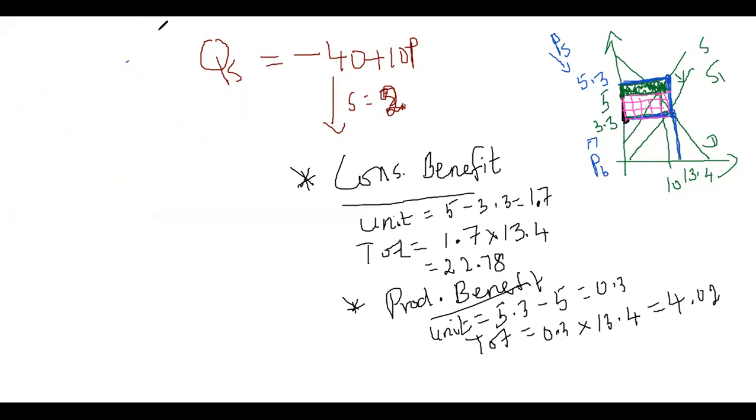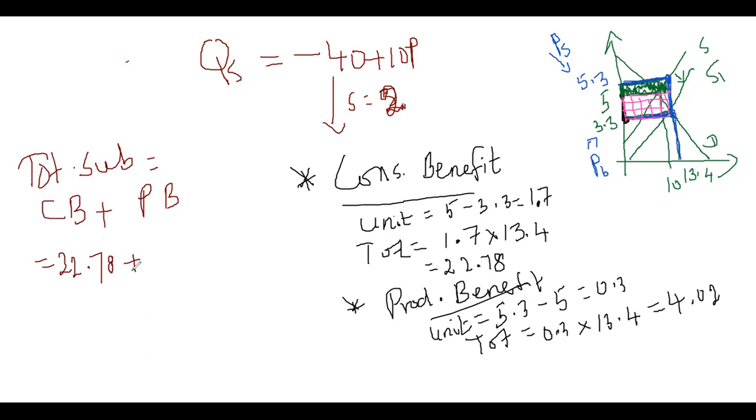I'll show you both. See this. Total subsidy is equal to consumer benefit plus producer benefit. So consumer benefit 22.78, producer benefit 4.02.